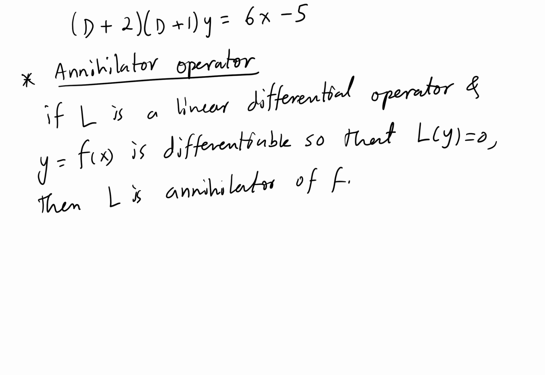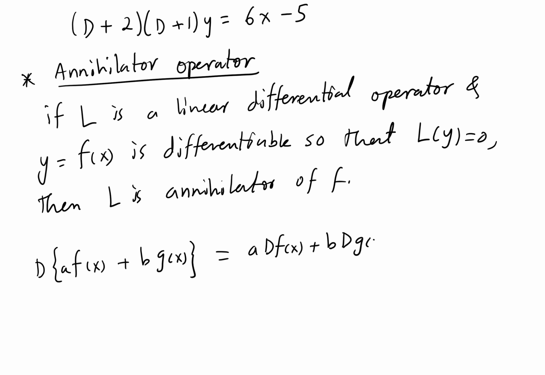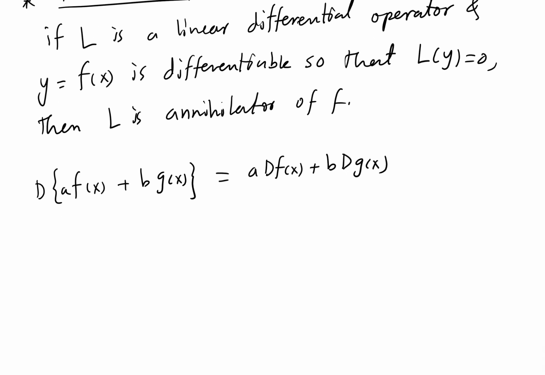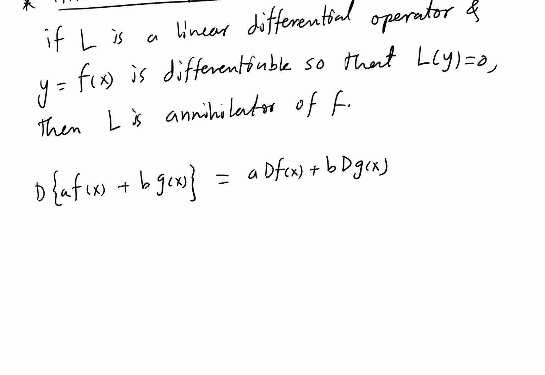So if you have a f of x plus b g of x, you can get this as a D f of x plus b D g of x. It's linear. Back to the annihilator: if we have y equals k as a function, then Dk is 0.